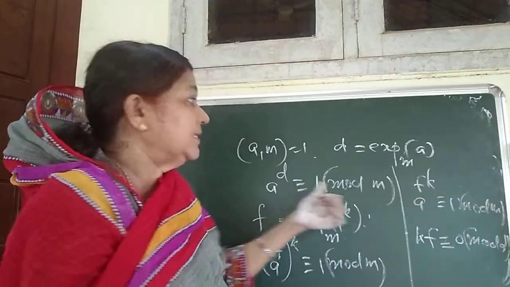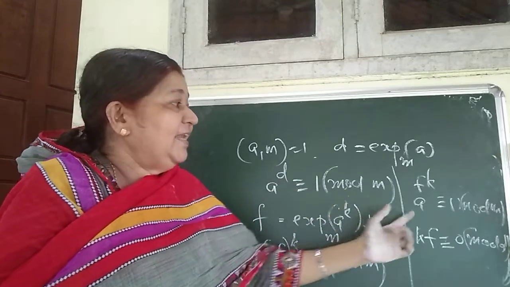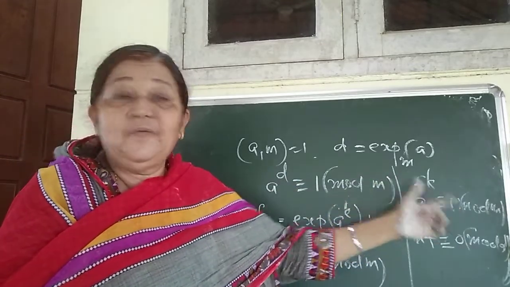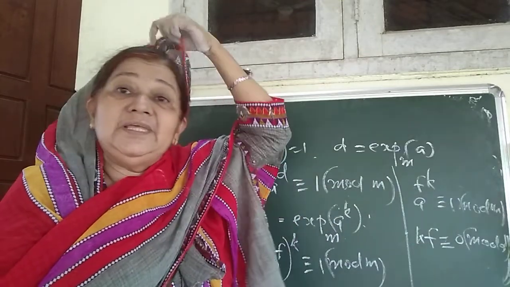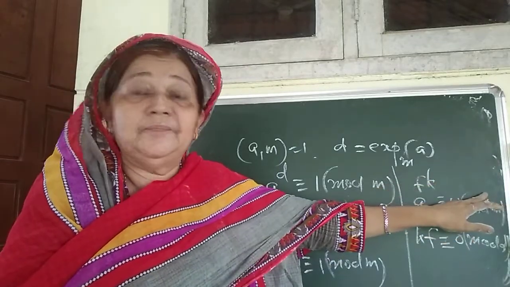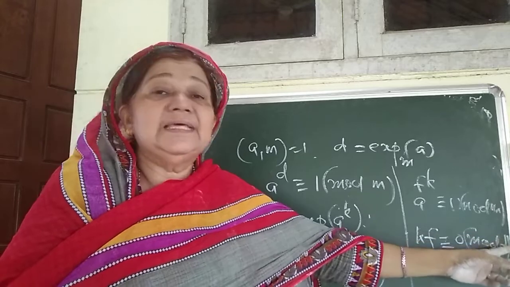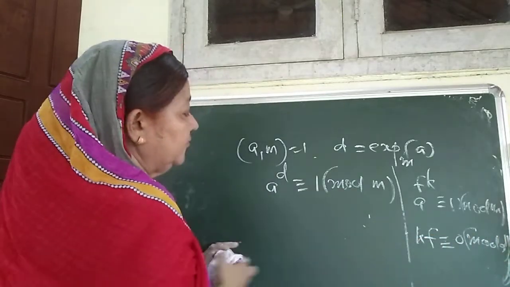And d is the exponent of a, the least positive integer such that a raised to d is 1. Again we get a raised to kf is congruent to 1 mod m. Therefore, kf is a multiple of d, or d divides kf.